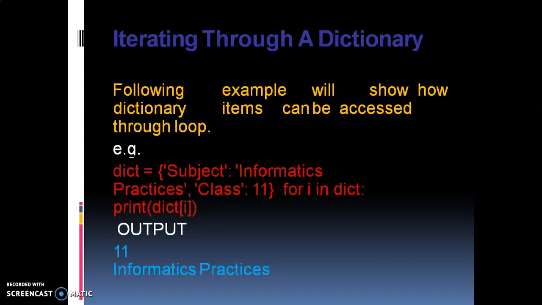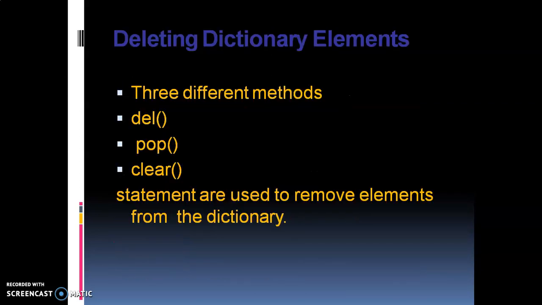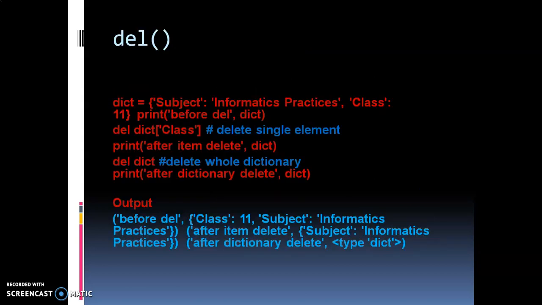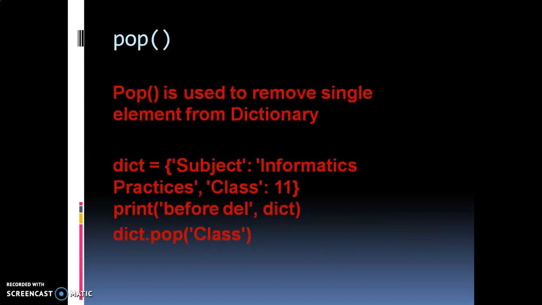Now iterating through a dictionary, we can iterate using a for loop or while loop, whatever we want, updating the elements, deleting. Three methods, del, pop, clear statements are used to remove elements from the dictionary. In delete we can remove a single item or the whole. In pop we can remove one by one, only one argument is expected. If you give more than one argument, then the first argument is taken and the answer is according to that.